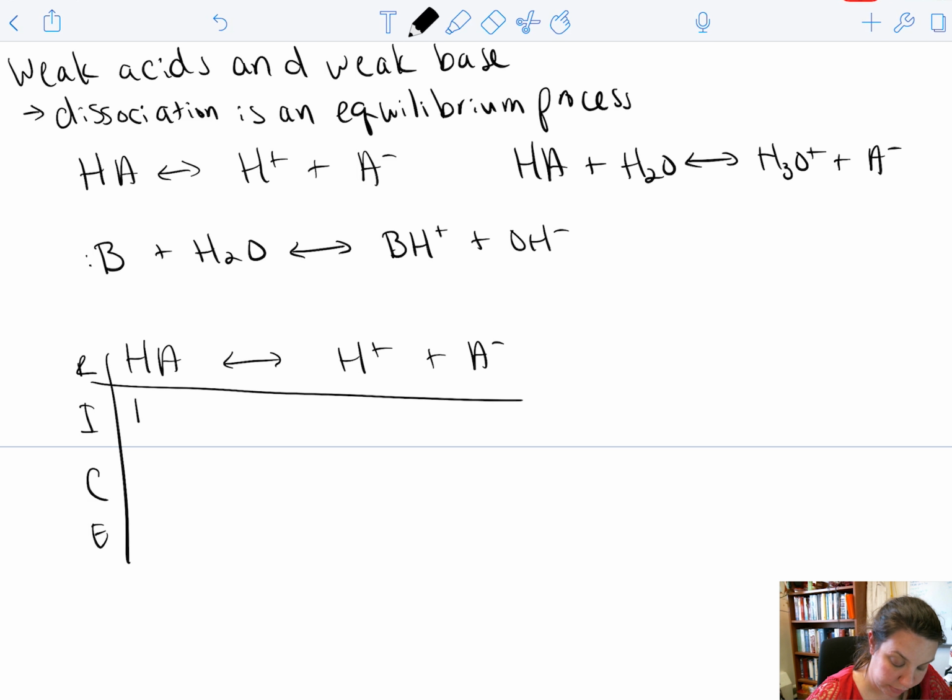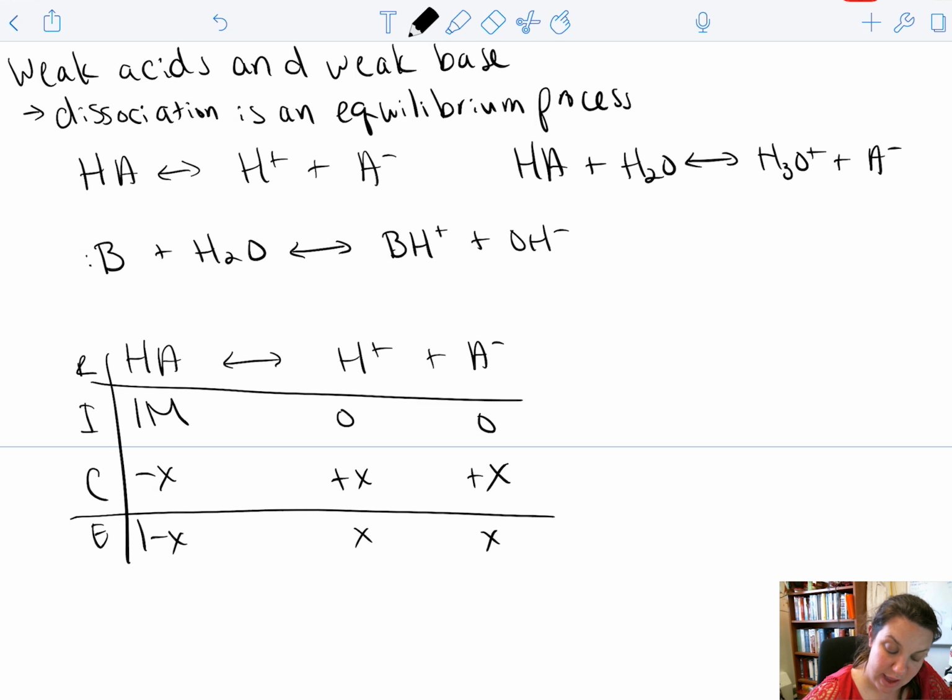We start with 1 molar here, 0 here, 0 here. Our change is minus X, plus X, plus X. And we get 1 minus X, X, and X. And what we get with this is a Ka expression. Ka is going to be the dissociation constant for an acid. And it will look like this, where we have our H plus, our A minus, over our HA.